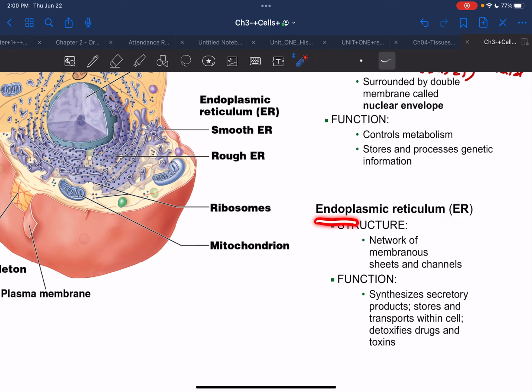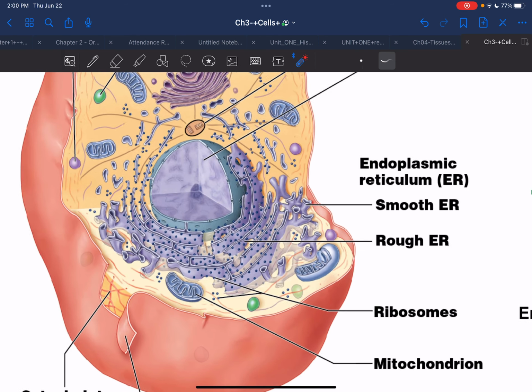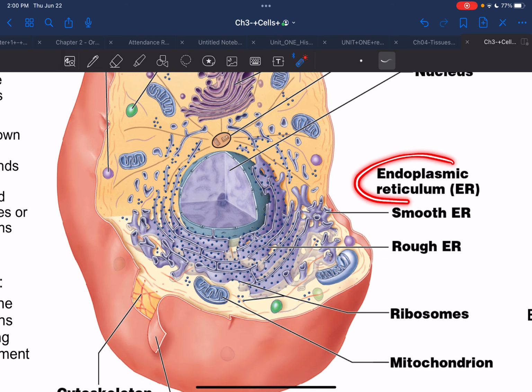Endoplasmic reticulum comes in two different forms, but looking at it together, it tends to be a network of sheets and channels. If we look at our illustration, you can see it comes in two forms. One is called smooth, one is called rough. This word alone is hard to learn, but learning which one's smooth and rough is easy, and their functions are easy as well.